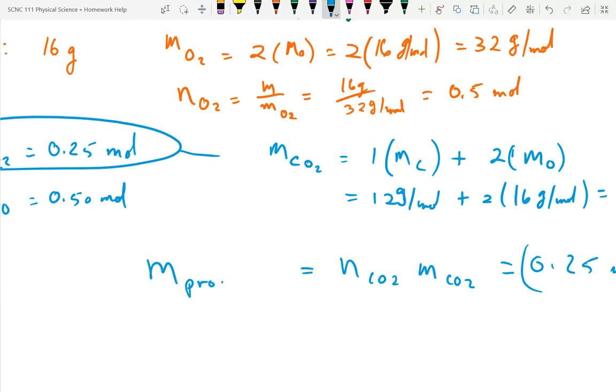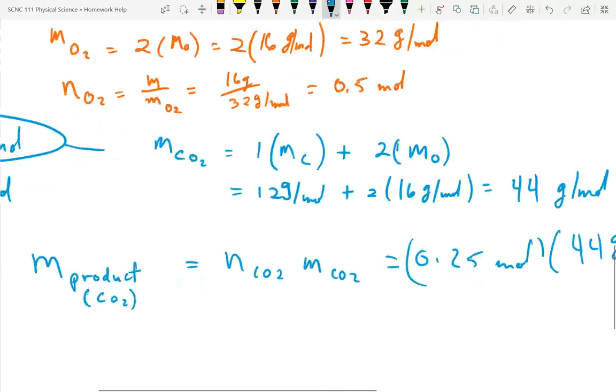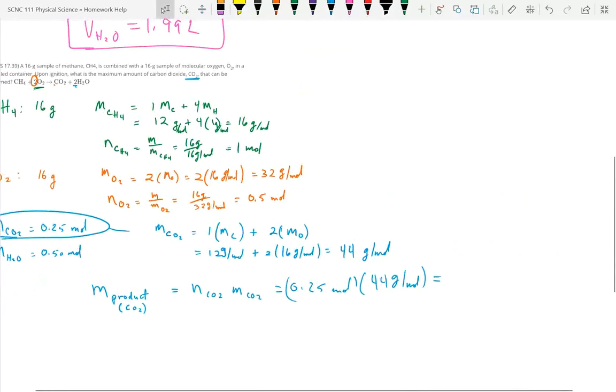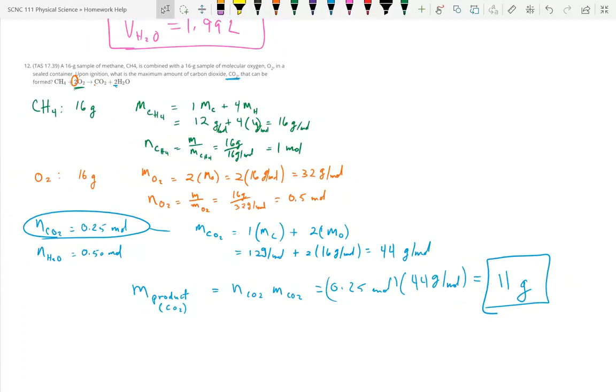I have my subscripts because we have the molecular mass. Usually we just use a capital M for the molecular mass and a lowercase m for the total mass. And that's going to be really confusing, especially when I'm using handwriting. It's not very clean. I'm saying the mass of my product, which is carbon dioxide. So 0.25 is 1/4. 44 divided by 4 is 11. So we're going to have 11 grams of carbon dioxide that are formed.